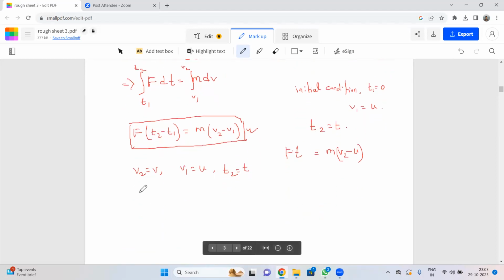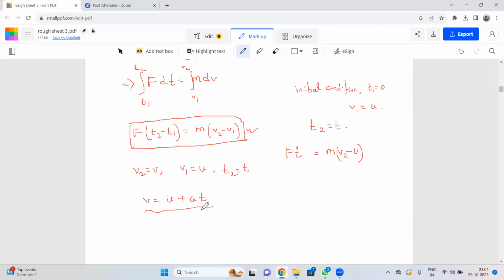Then using the first equation of kinematics, v is equal to u plus at, from here you can calculate your a. That's all about this method.